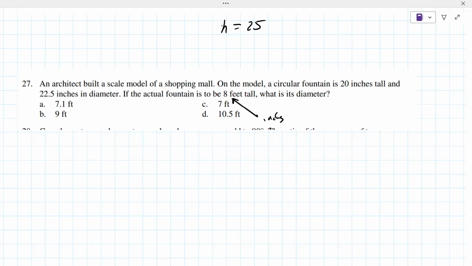It's best practice to have the same units in all four places, but you don't have to. You actually don't have to in this problem. You could leave it at feet, because the variable over the 8, feet and feet just cancel. But in a more complicated problem, it could matter. That's why I'm warning you to consider that here. But I'll leave that up to you to decide.